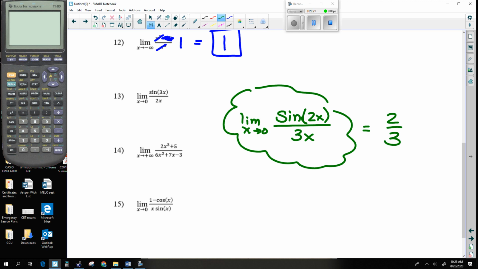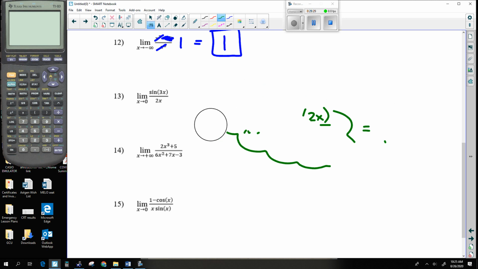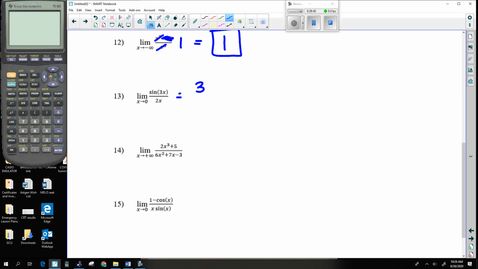So again, it's just one of those things. I'll explain it when we learn about L'Hopital's rule, but until that point, it's one of those things that you just kind of want to memorize. And so this is straight out 3 over 2.